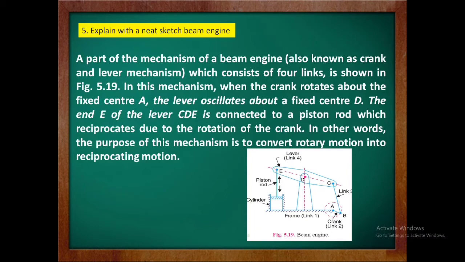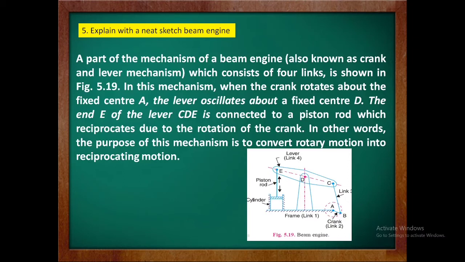This is the inversion of the 4-bar chain or quadric chain, and it consists of 4 links. In this mechanism, when the crank rotates about the fixed center A, the lever oscillates about the fixed center D.